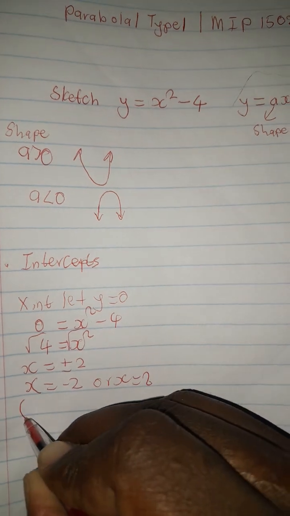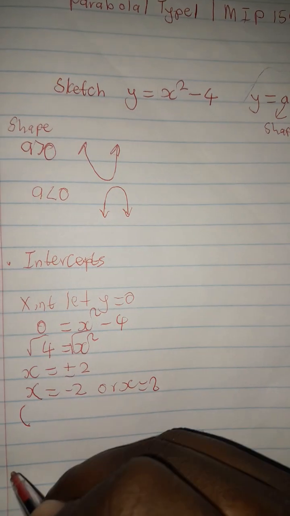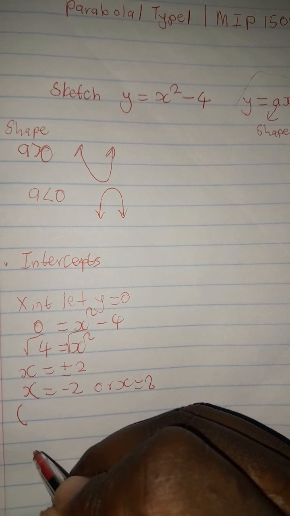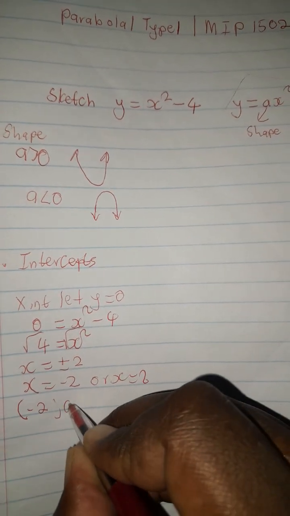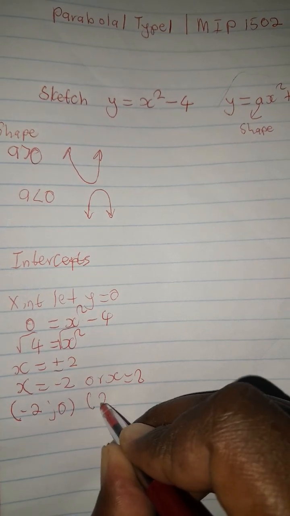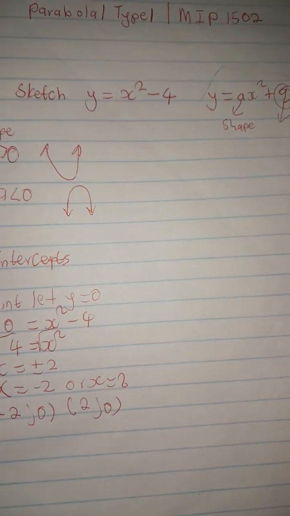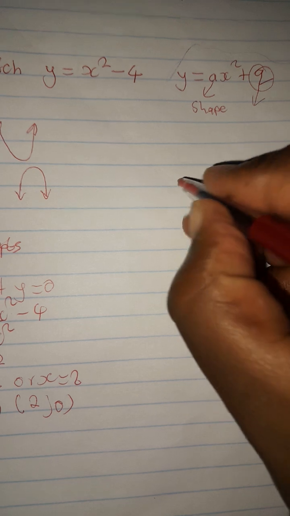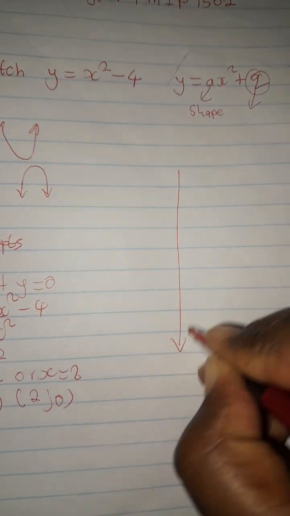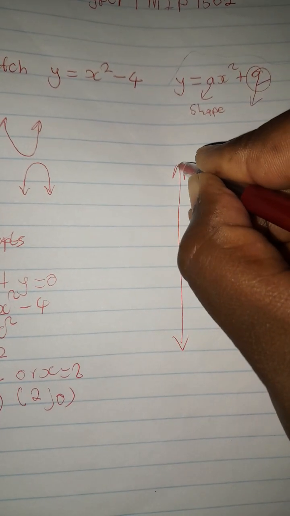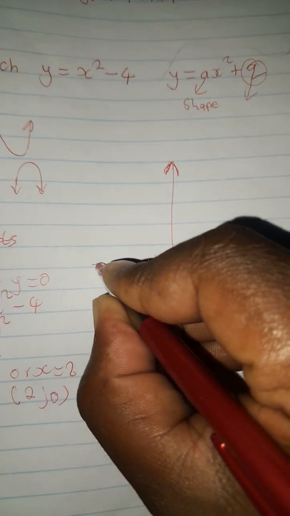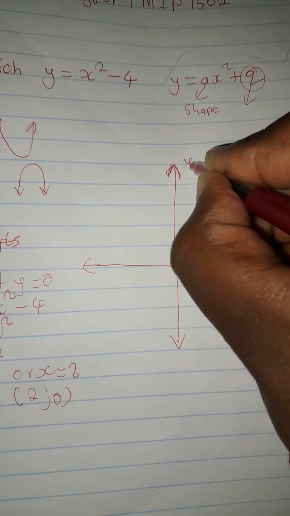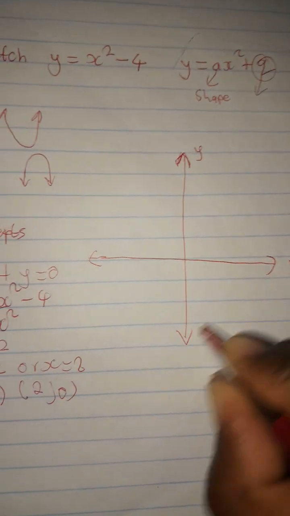In terms of the coordinates, guys, it's an ordered pair. A coordinate consists of x and y. So in this case, it's going to be negative 2, and our y will be 0. Similarly, 2 and 0. It's very important when you're graphing that you work on a Cartesian plane. This is the y-axis and this is the x-axis.